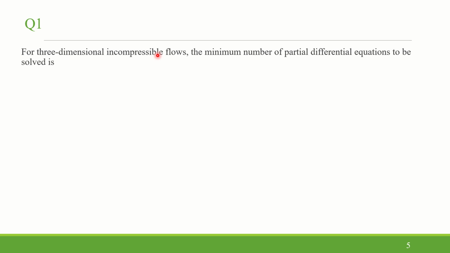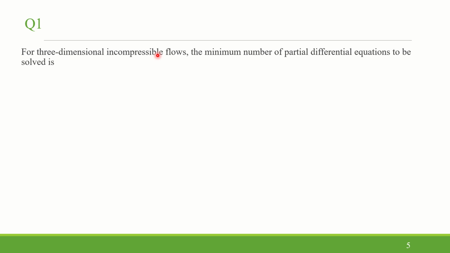So 3 momentum conservation equations will be there along with one continuity equation. And in incompressible flow, there will not be much variation in the density in the system, so we need not solve the energy balance equation. So we have 1 plus 3, 4 partial differential equations which we need to solve.